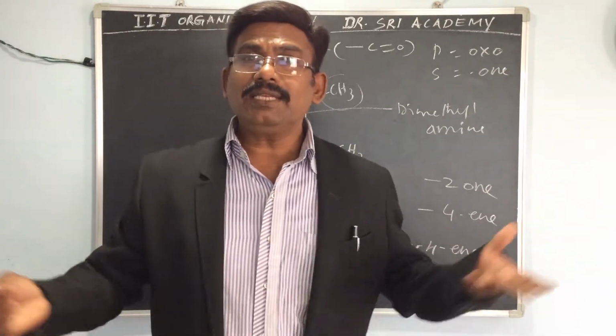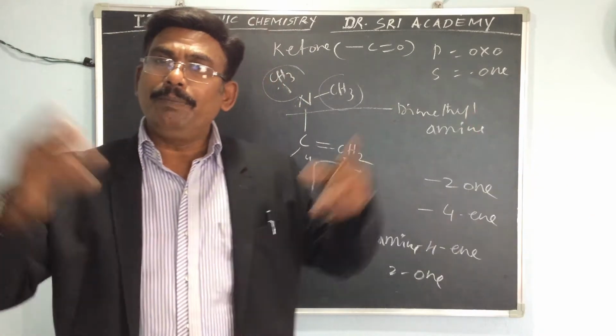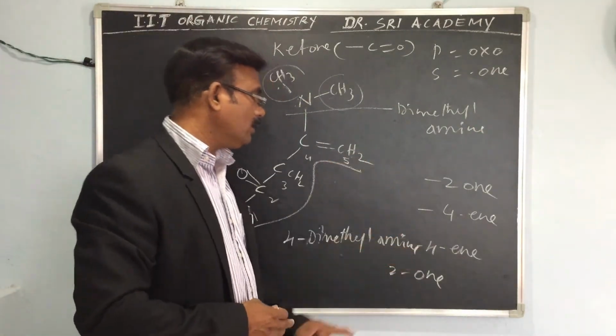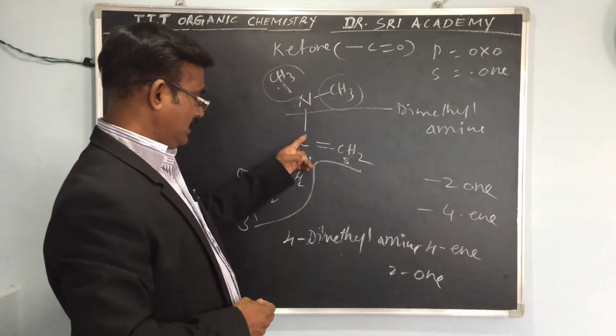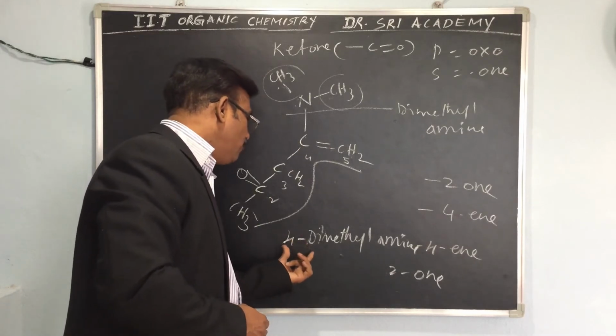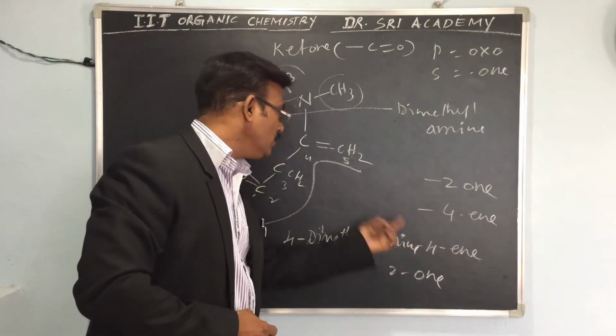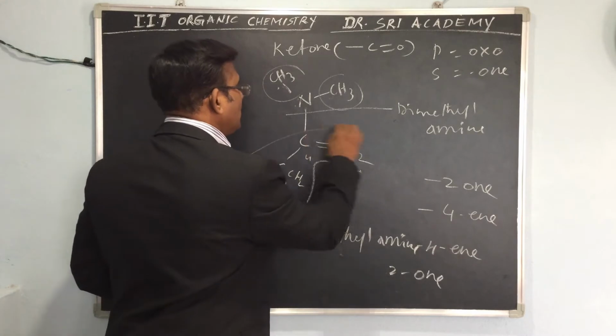But where is the pent? Before we write the ene, pent you must represent, because of the 4-dimethylamine. So this long chain will come.